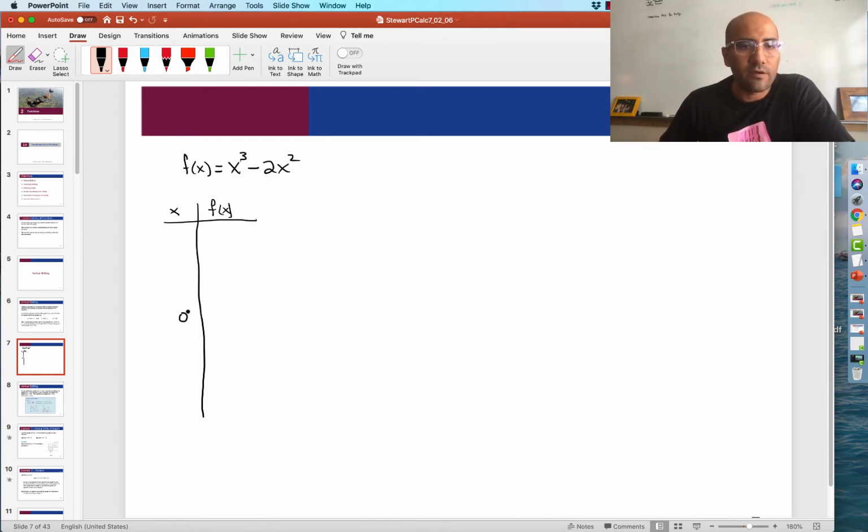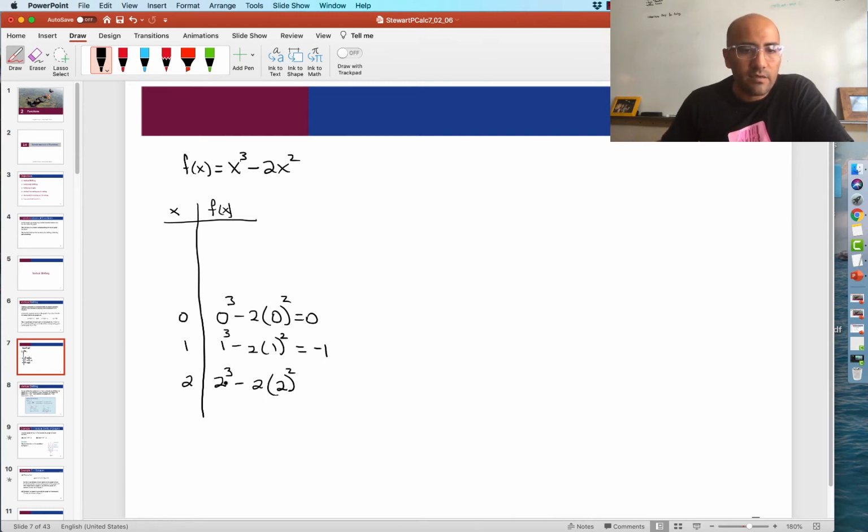Okay, so we can just try some basic ones. Let's just start off with 0. If we plug in a 0 into here, we're going to end up with 0 cubed minus 2 times 0 squared. And of course, the whole thing just works out to be 0. If we plug in a 1, we end up with 1 cubed minus 2 times 1 squared, which is going to end up being 1 minus 2, which is negative 1. And then 2, that's going to be 2 cubed minus 2 times 2 squared.